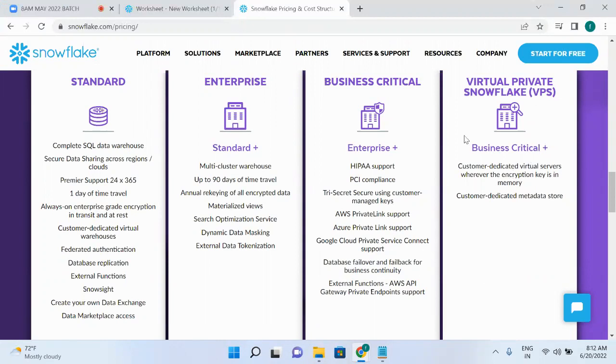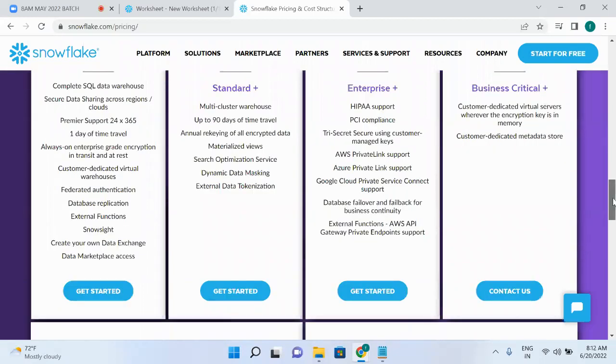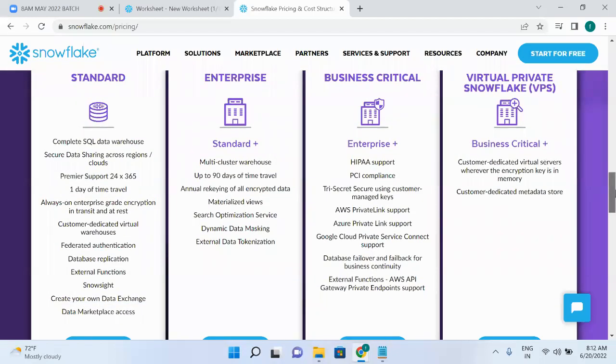We have another edition also, that is virtual private Snowflake. Along with the standard edition, these are the basic features. Along with that, the enterprise edition has multi-cluster, the 90 days time travel option, and the materialized view option; all these things are available in the enterprise edition.